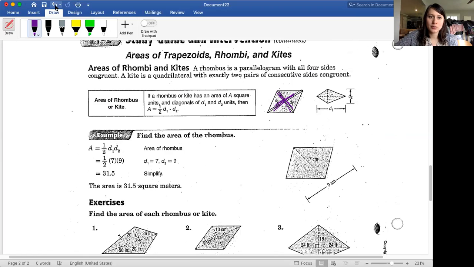Both a rhombus and a kite have diagonals that go from one vertex across to the opposite vertex, and usually they create a 90-degree angle, which we've studied in the past when we were looking at quadrilaterals.